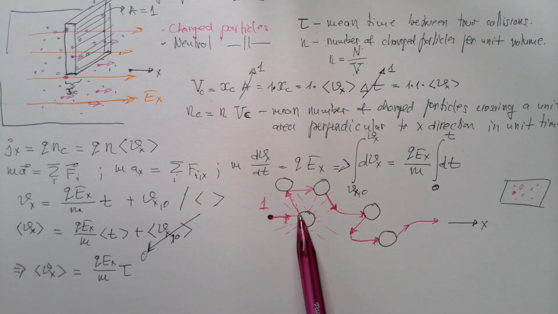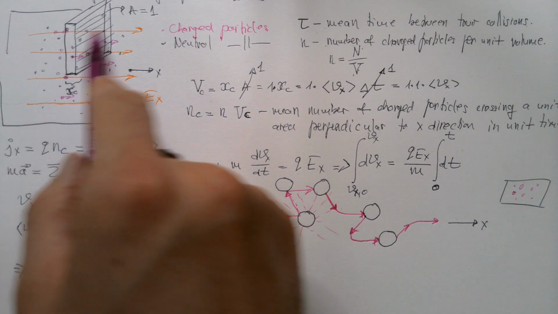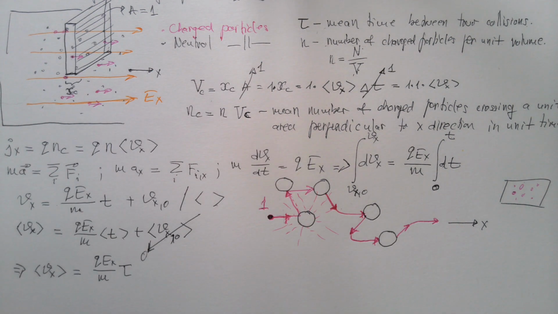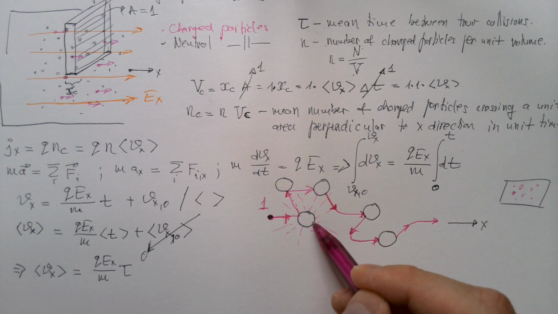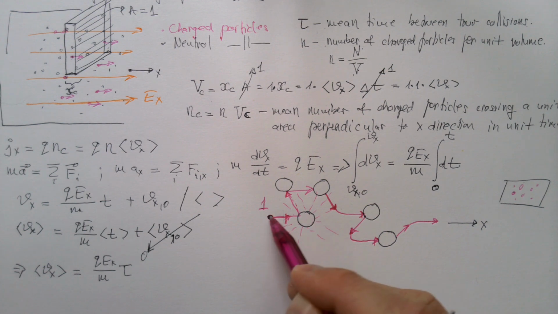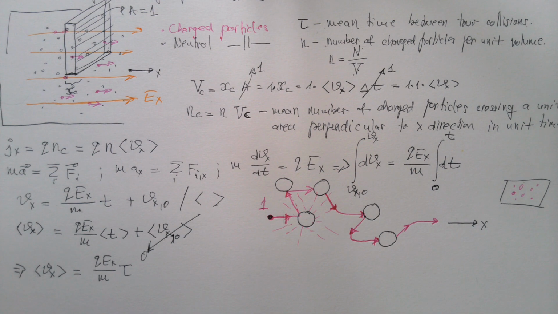Persistence of velocity effect indeed occurs in gases that are subjected to this electric field, but we will neglect it. If we neglect it, then a good argument to use is to say that these neutral particles are much, much heavier than the charged particles, and they will result in random direction of the charged particle after colliding with the neutral particle.